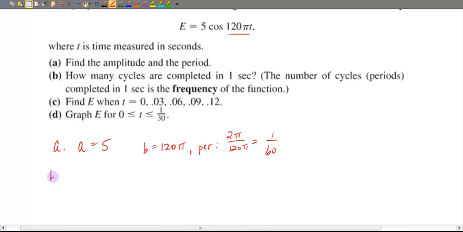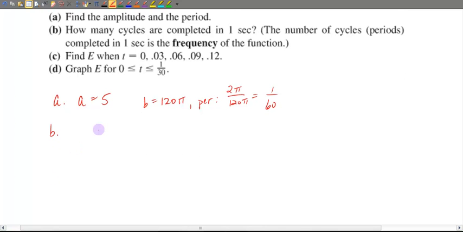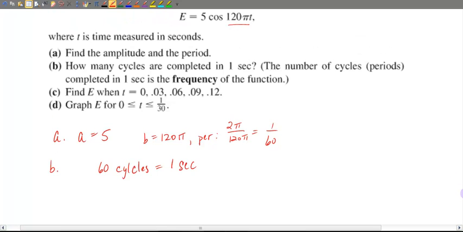So the next part of this question then says, well, how many cycles are completed in 1 second? 60 cycles can be completed in 1 second. The next thing it asks me to find is, if I know what t is, can you tell me what the answer to the function is? So if I know what t is, can you tell me what e is?